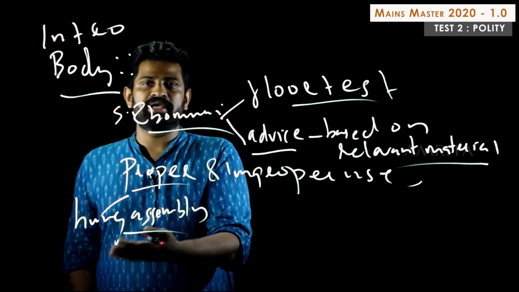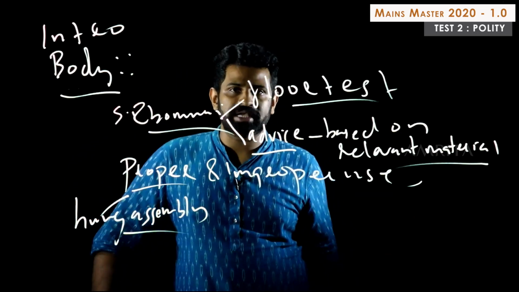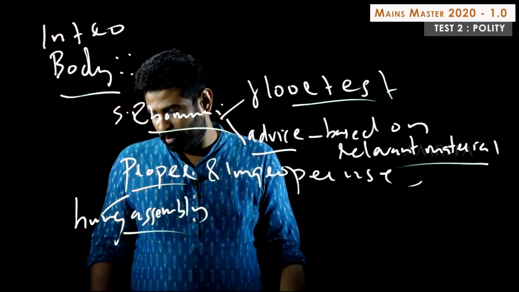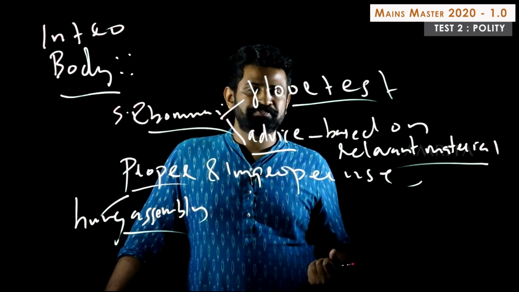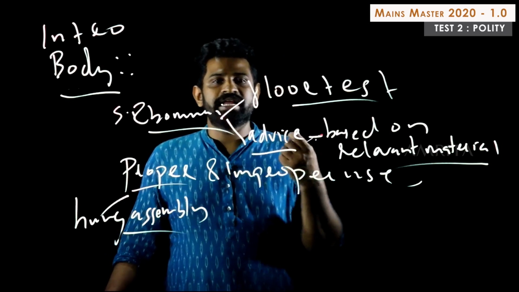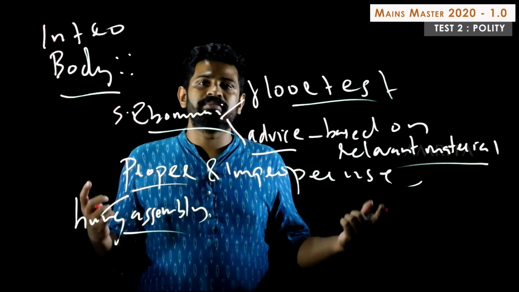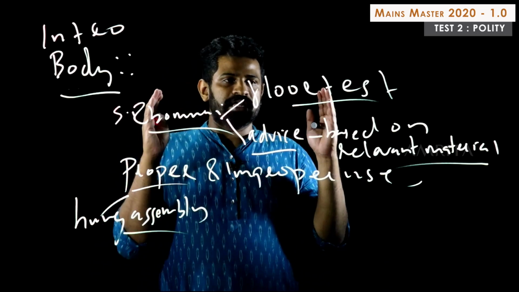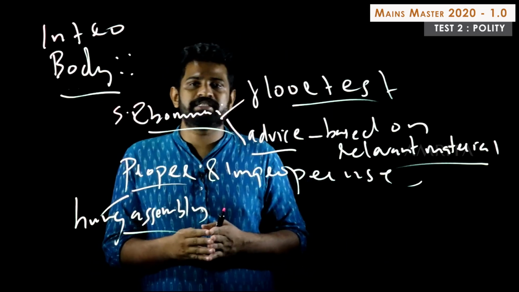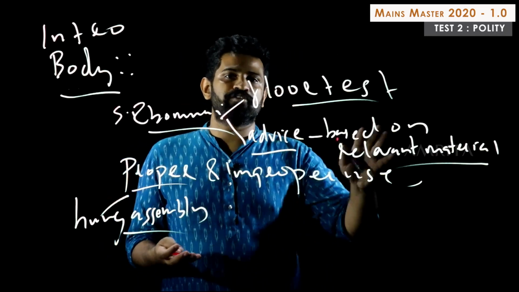These are all situations where a proper use of S.R. Bommai is possible. Then you can mention one or two examples of improper use. It states that if the governor himself is satisfied that the legislature doesn't have confidence in the government, that becomes an improper use. The governor's view on the confidence in the executive can only be based on a floor test.